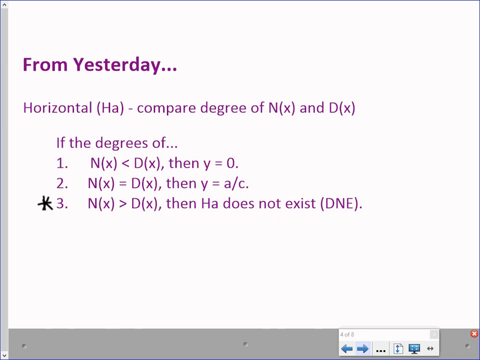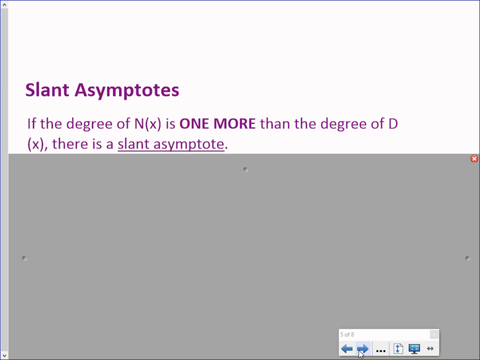Today's examples are the third case. What if my numerator's degree is greater than the degree of the denominator and I don't have a horizontal asymptote? In some cases, you will have a slant asymptote. The slant asymptote happens when the degree of the numerator is exactly one more than the degree of the denominator. So that would be in our third case, greater than.